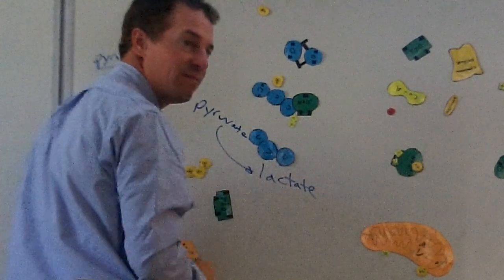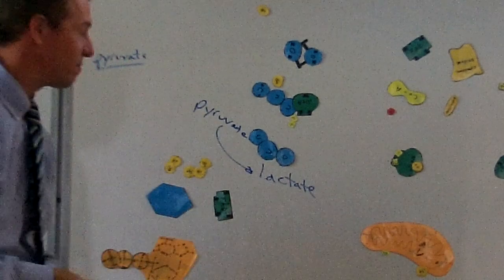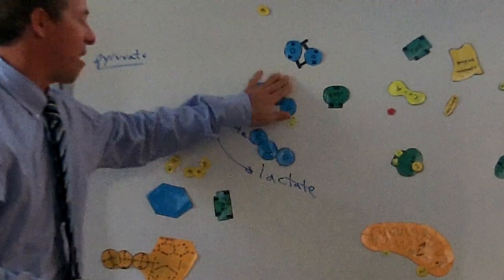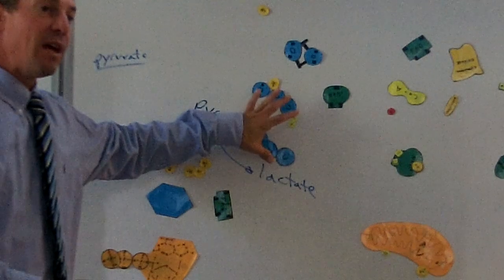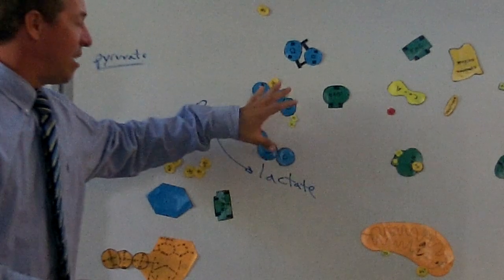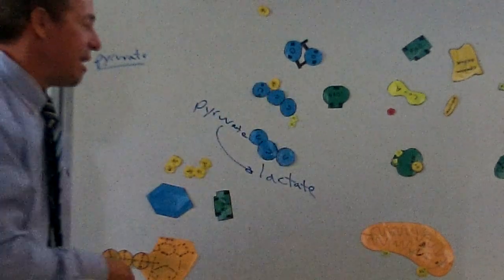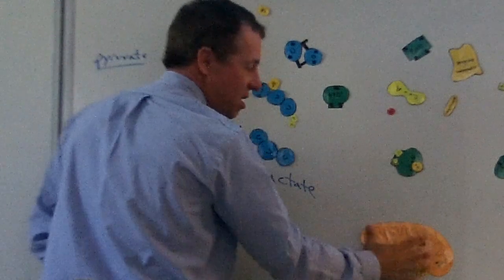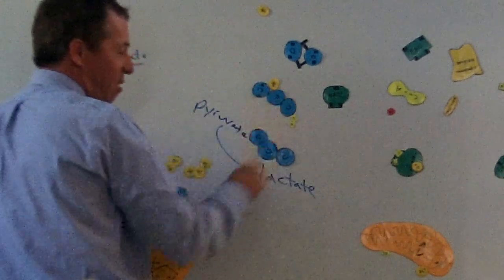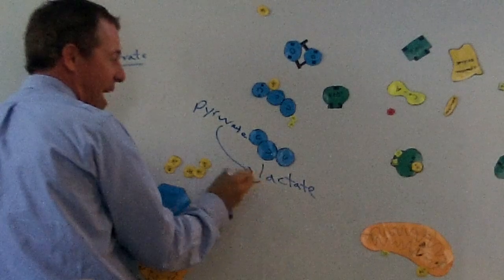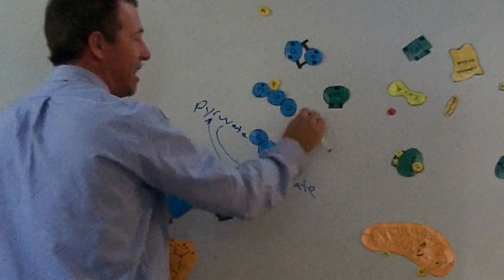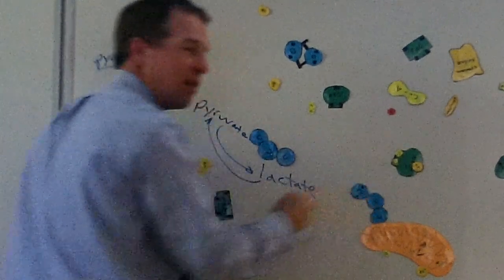Okay, when it's changed, it goes into the mitochondria then? No, it just sits there as lactate, and it waits. Once enough oxygen gets into the mitochondria, then it'll be changed back from lactic acid to pyruvate, and then the pyruvate will go into the mitochondria.